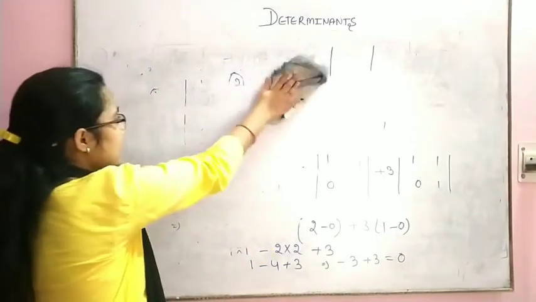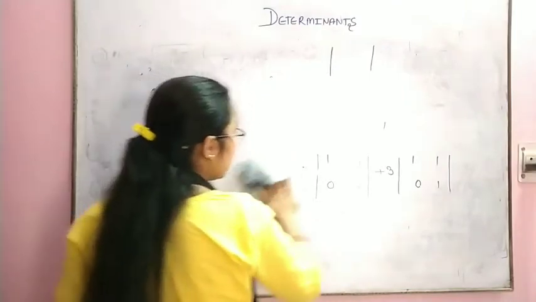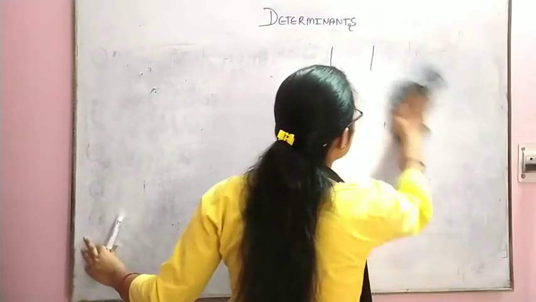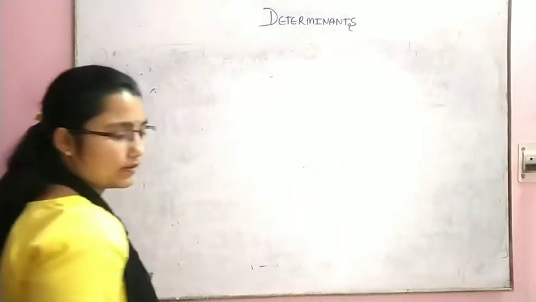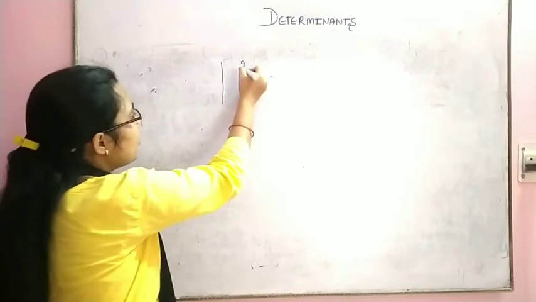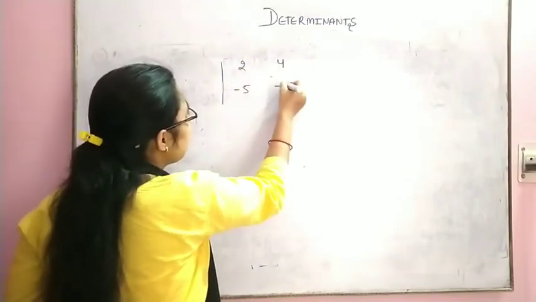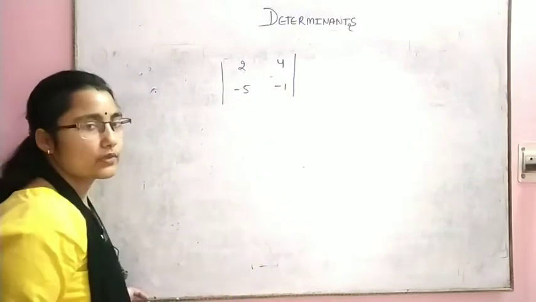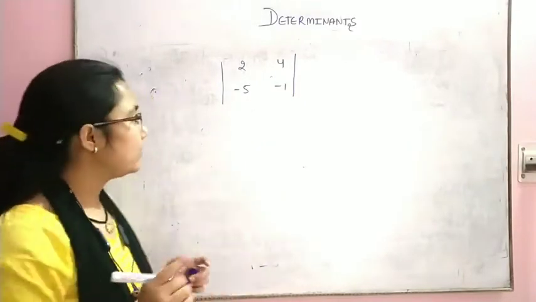Now come to the NCERT exercise 4.1. The first question is: find out the value of the determinant 2, 4, minus 5 and minus 1. Firstly, cross multiply the elements and use a subtraction sign between them.